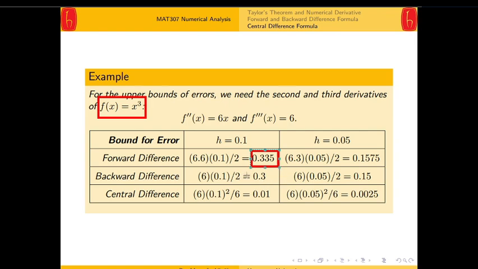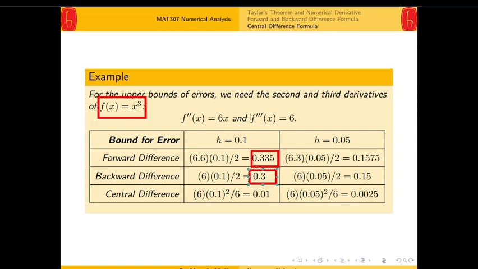Similarly, for the backward difference formula, we have the maximum value of the second derivative on the interval 0.9 to 1, and if we choose x equals 1, the second derivative will take its maximum value, which is 6. 6 times h divided by 2 will give us an upper bound for the error of 0.3. And for the central difference formula, we need to go to the third derivative.